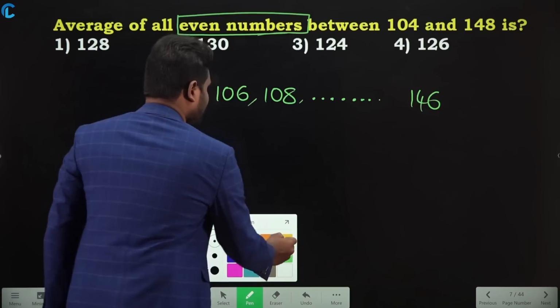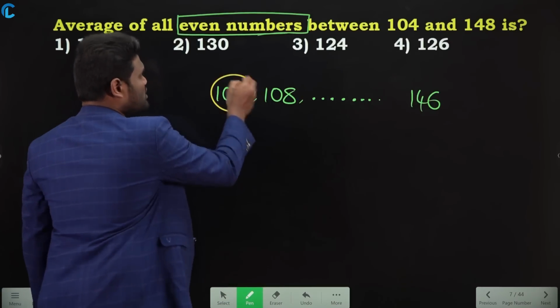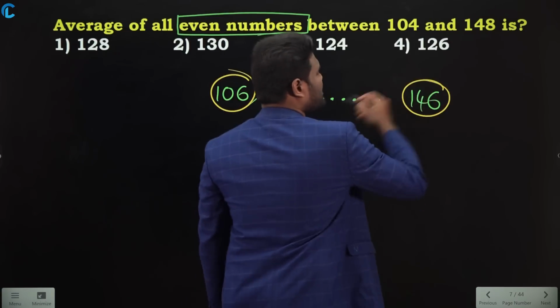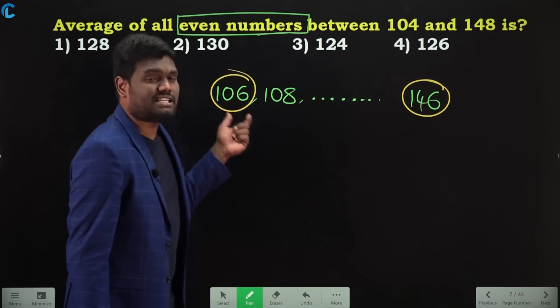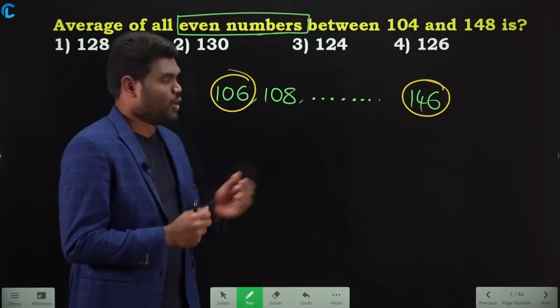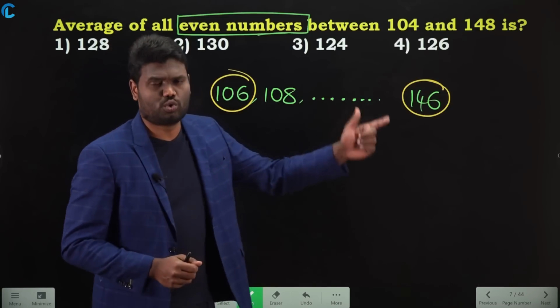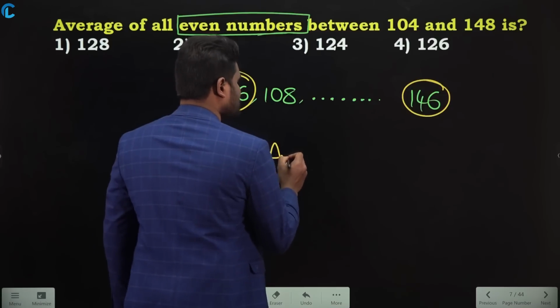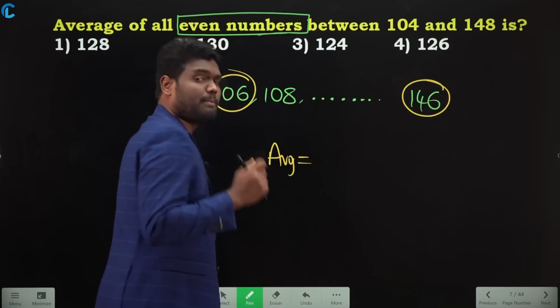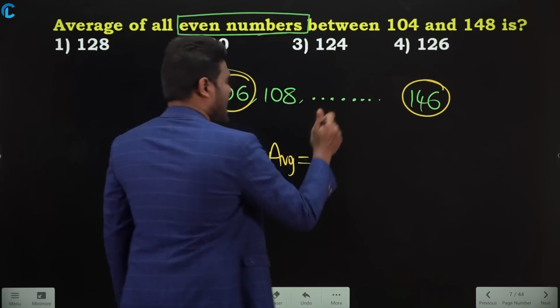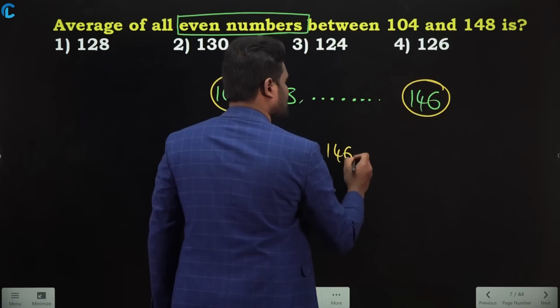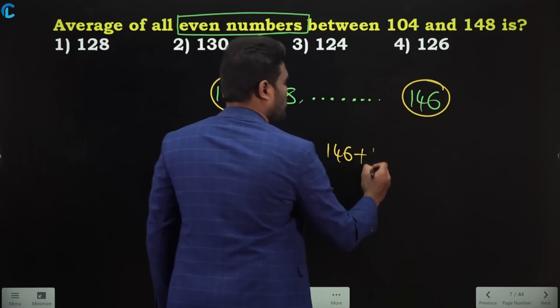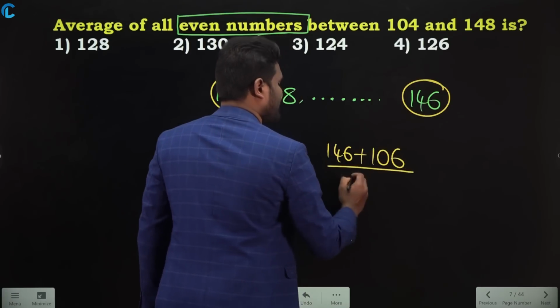Yes. Now if you observe here, the lowest number is 106, the highest number is 146, and the given series is in arithmetic progression. Why? Because the difference is 2, 2, 2, 2, 2. As it is in arithmetic progression, I can say that the average is nothing but highest number plus lowest number by 2. Highest number is 146 plus lowest number is 106 divided by 2.